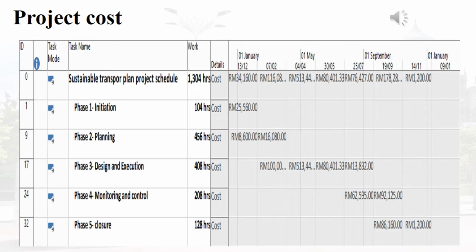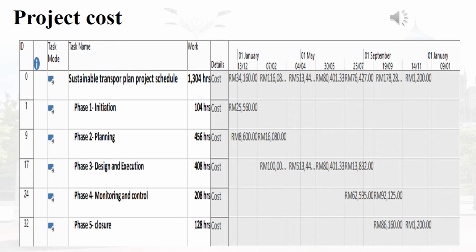The total cost estimated for the project is Ringgit Malaysia 1 million. The detailed cost distribution is shown in the diagram above. The diagram shows the Sustainable Transport Plan project schedule is about 1,304 hours in total, and phase 1 initiation took about 104 hours.